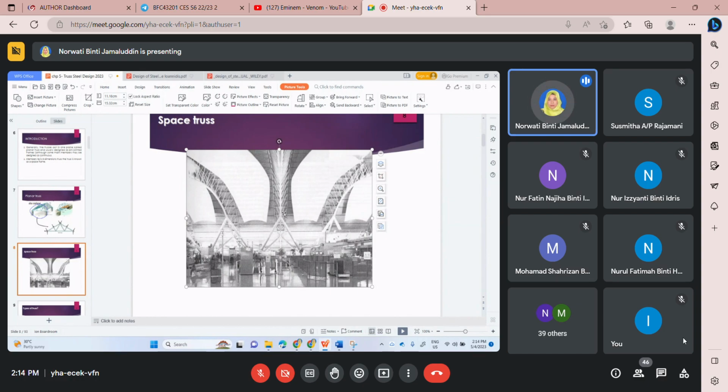And roof truss should be designed by a structural engineer, okay? But it doesn't mean that you have to come out with the shape, the arrangement of the truss. You will decide the arrangement of the truss members.